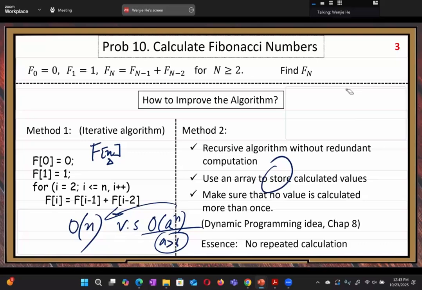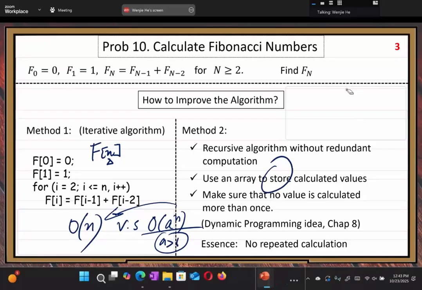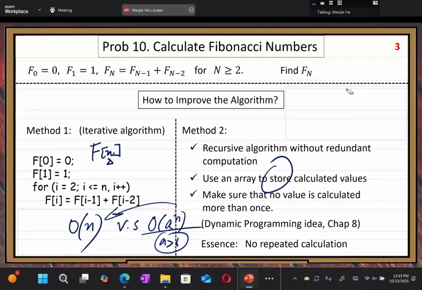So the idea I mentioned last time, but here let me summarize a little bit. In our current situation, last time I showed you, if we do not eliminate redundancy, then the method we use, the straightforward recurrence relation, is exponential.